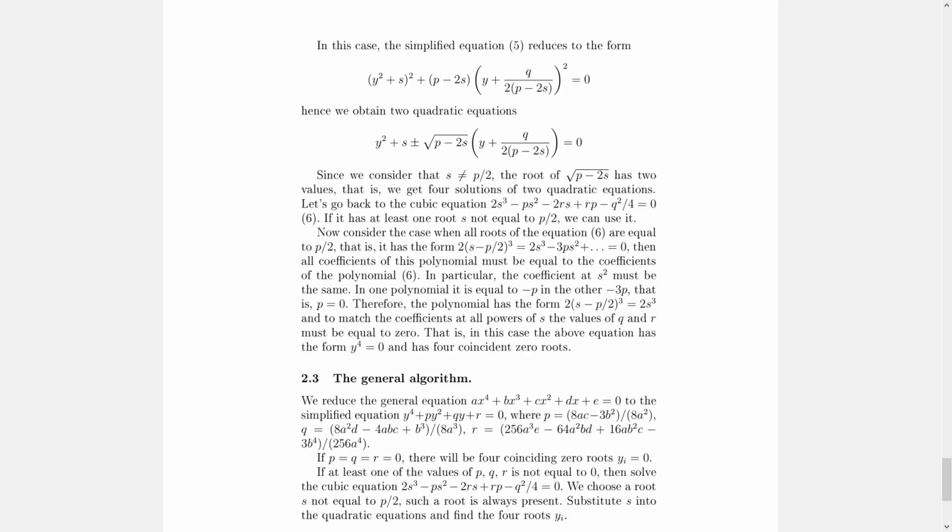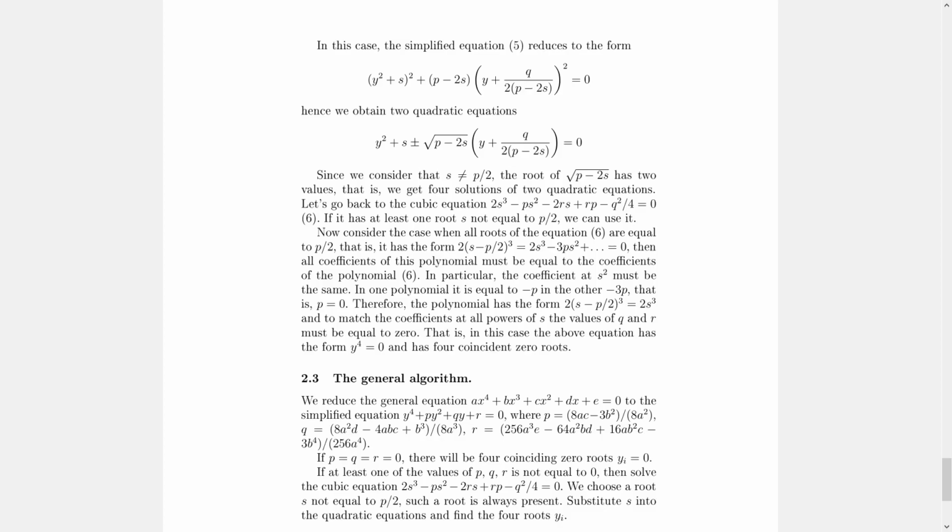Let's go back to the cubic equation: 2s cubed minus ps squared minus 2rs plus rp minus q squared divided by 4 equals 0. If it has at least one root s not equal to half of p, we can use it. Now consider the case when all roots of equation 6 are equal to p divided by 2.